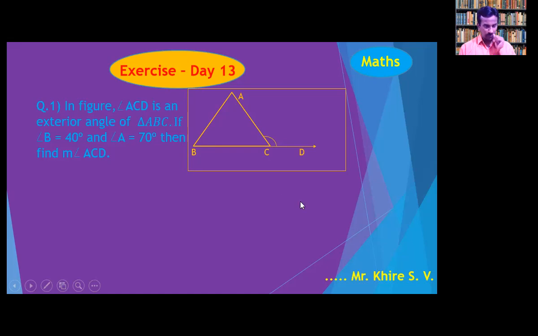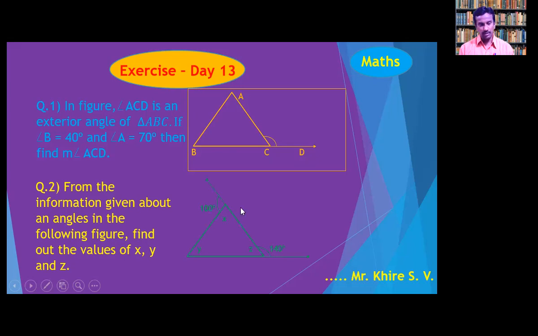Question number 2. From the information given about the angles in the following figure, find the values of x, y, and z. A triangle is given. Two exterior angles are given, one is 100 degrees and another is 140 degrees.